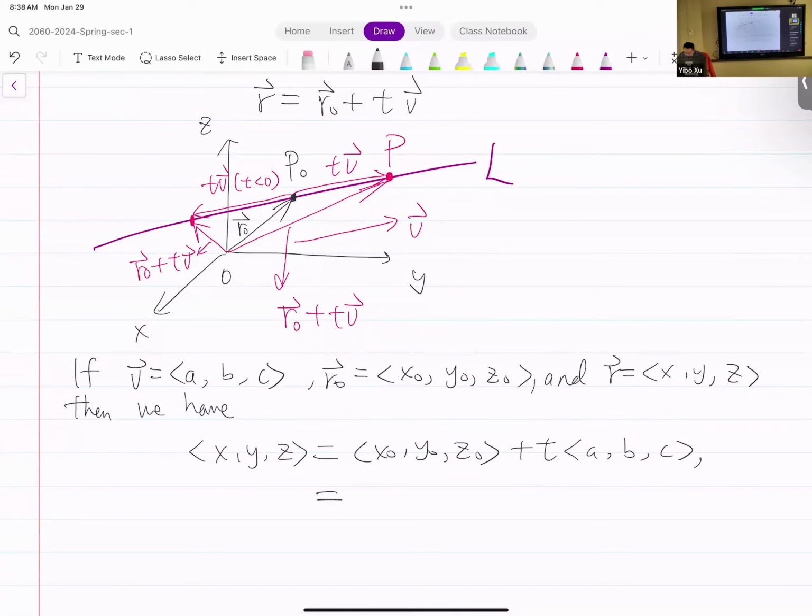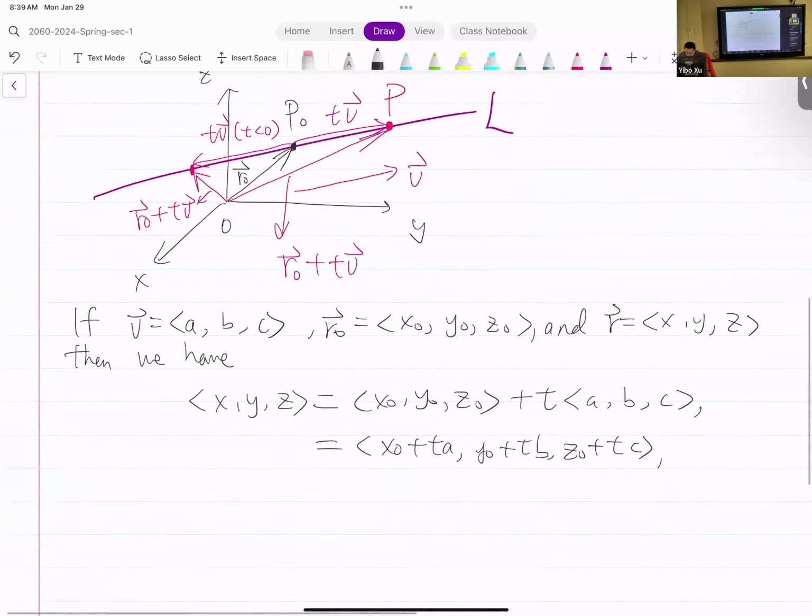And if you put the components all together, then this is exactly tA, tB, tC as the three components, and you can do the addition to x0, y0, z0. So eventually this is x0 plus tA, y0 plus tB, z0 plus tC.